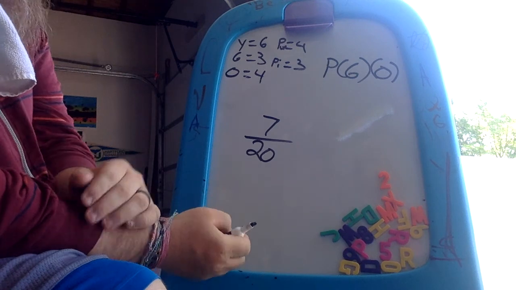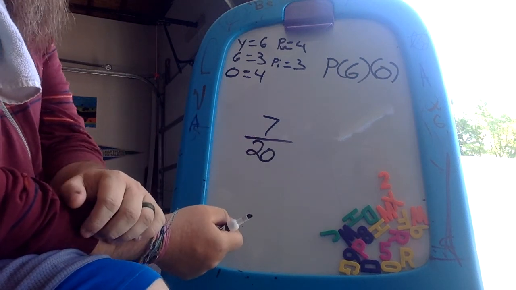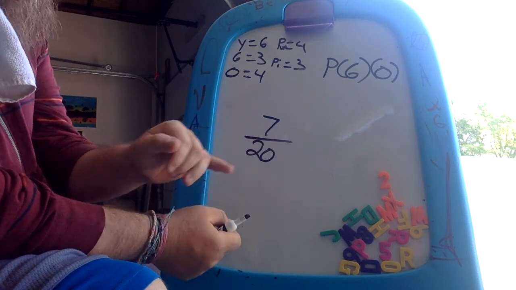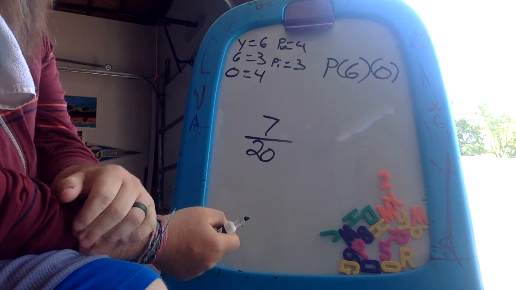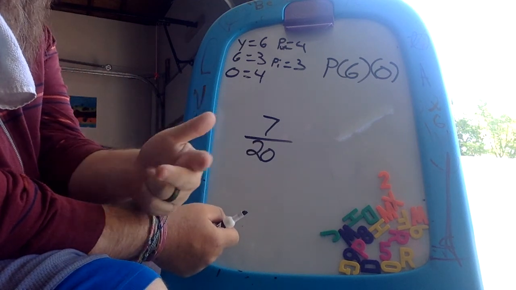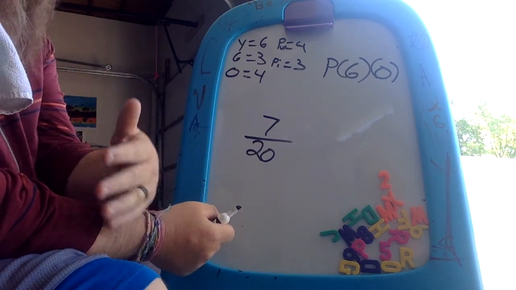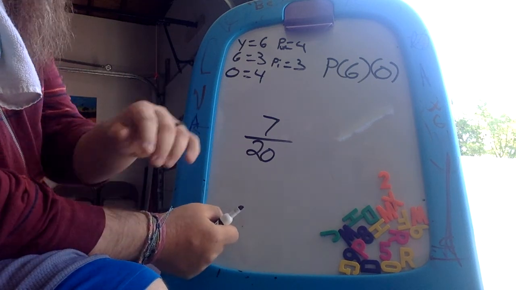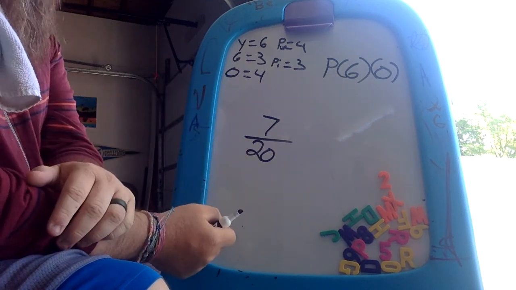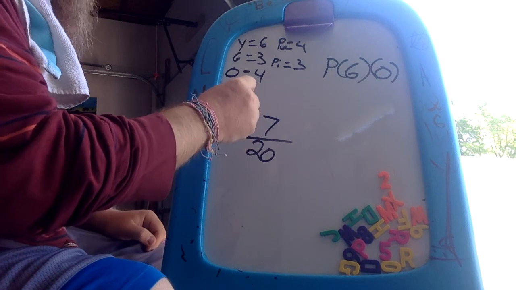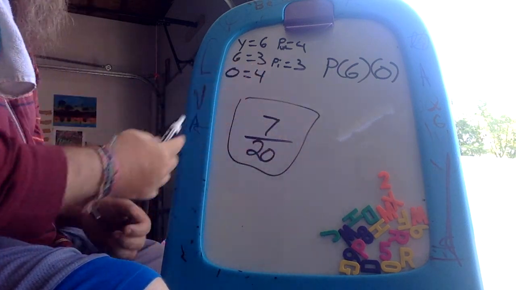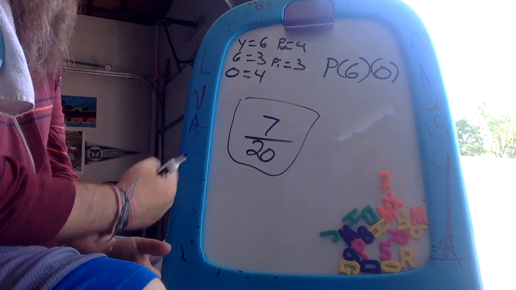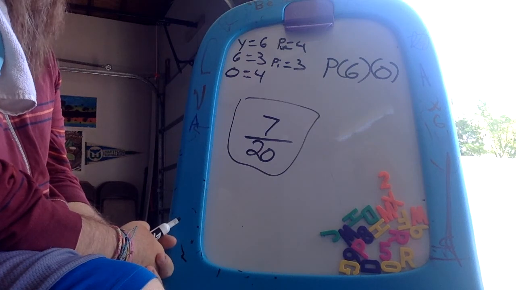Then you think about it, okay, so between 7 and 20, can I then reduce these two numbers? Now we know that 20 is a composite number: 1, 20, 5, 4, 10, 2. Multiple factors go into 20. However, with 7, you only have 1 and 7. So in this case, 7/20 remains the same. You cannot reduce these two. Okay? That has to stay 7/20.